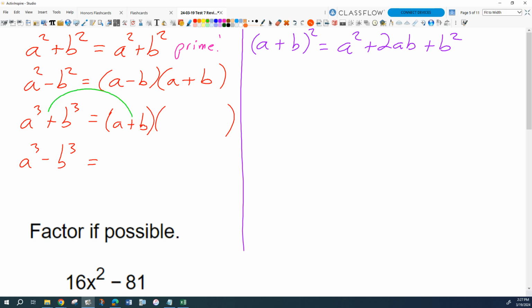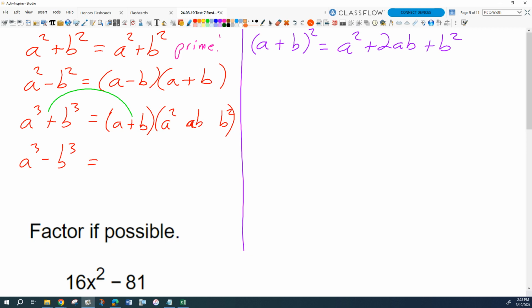Remember we said those are always the same. What about in the big factor? There's three terms, the three ways of multiplying a and b: a times a, a times b, and b times b. There's only three ways of multiplying a's and b's.